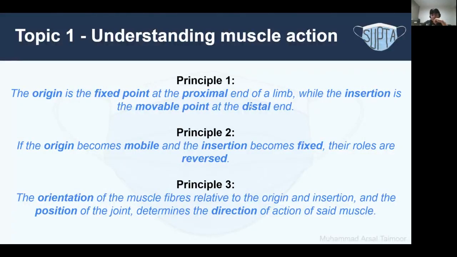So usually the origin is the fixed point, usually at the proximal end of the limb, and then the insertion is the movable point at the distal portion usually. But if you were to fix the insertion, the origin then becomes mobile. So the roles switch around. And then the orientation of the fibers, and this is why they tell you what direction the muscle goes, because that's the direction of the fibers.